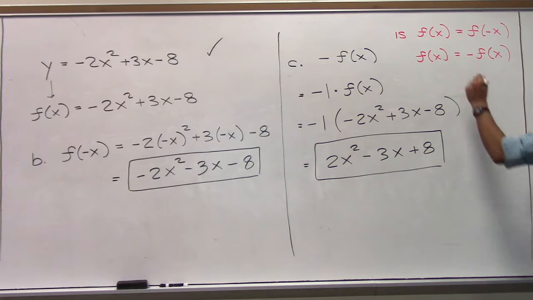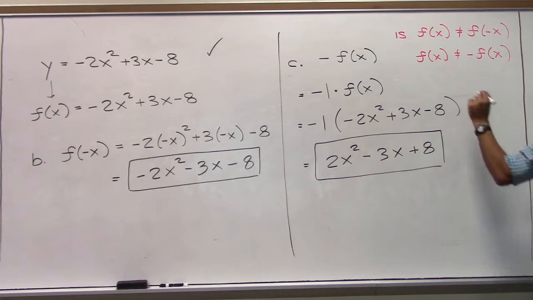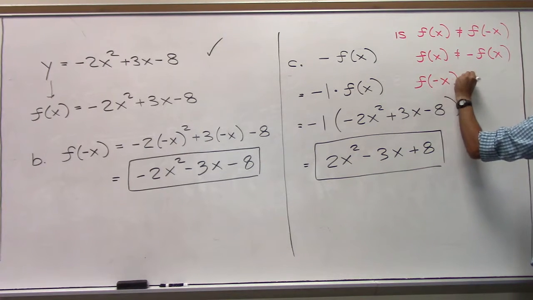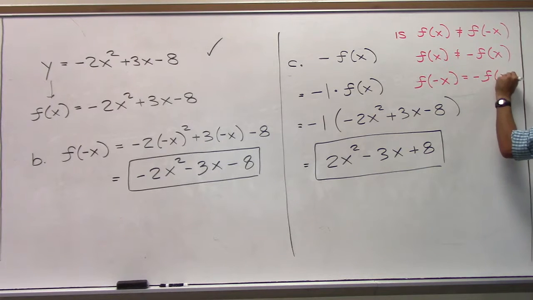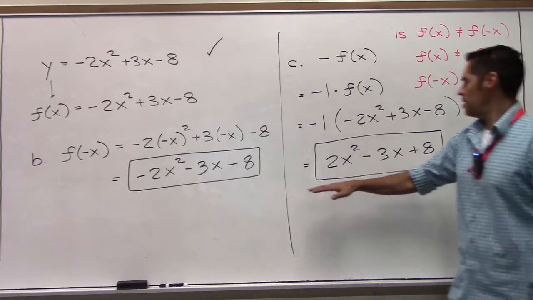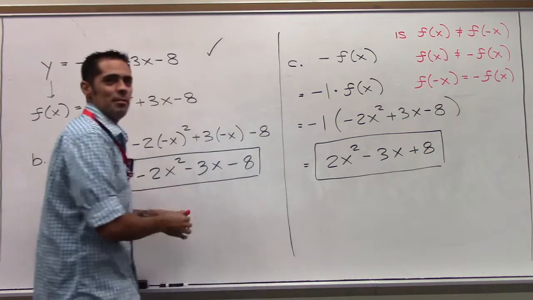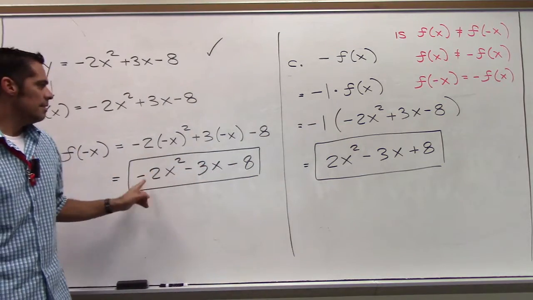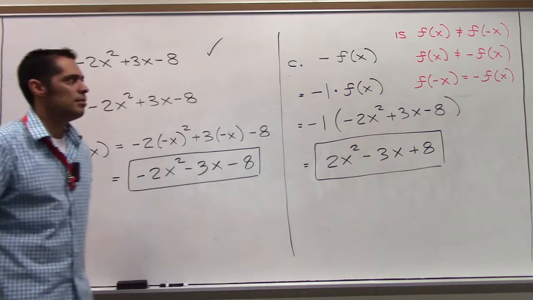So I'm saying these are not true right now. Is f of negative x equal to negative f of x? No. It doesn't do it. These two are not the same? They're almost the same, aren't they? Except that 8 at the back? It's different. And then, oh yeah, the negative 2. So those aren't true either.